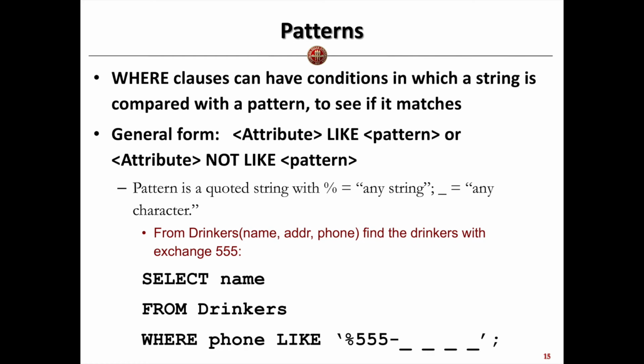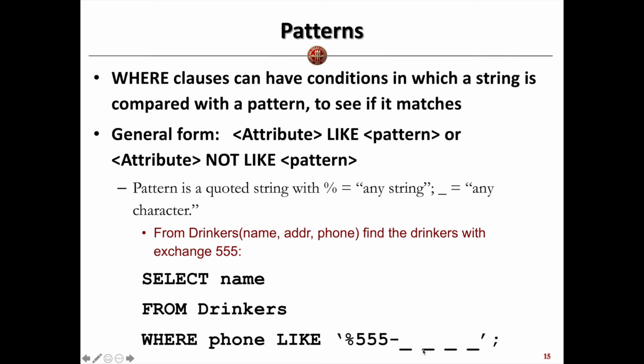So for example, given the drinkers table, we have name, address, and phone number. We plan to find the drinkers with the exchange number 555. We can do so by selecting the name of the drinker, right, from the drinkers table, where the phone number is like percent 555 followed by some other digits. So here this percent sign denotes some string before 555, right?